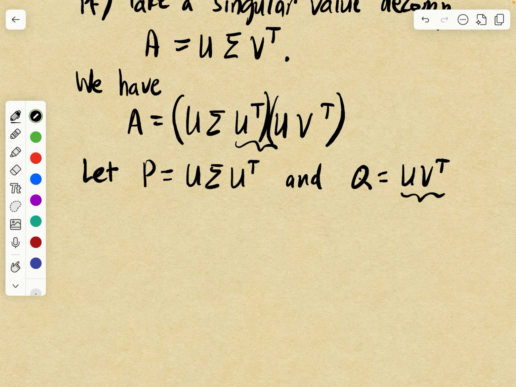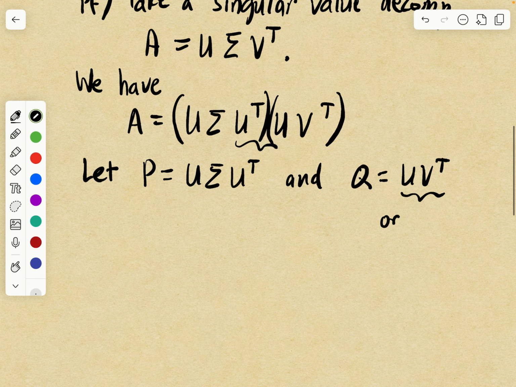If U is orthogonal and V is orthogonal, then V transpose is orthogonal, because the transpose of an orthogonal matrix is just its inverse, which is orthogonal. And so the product U times V transpose is orthogonal, because the product of orthogonal matrices is orthogonal. So Q is orthogonal. Okay, so Q is fine.